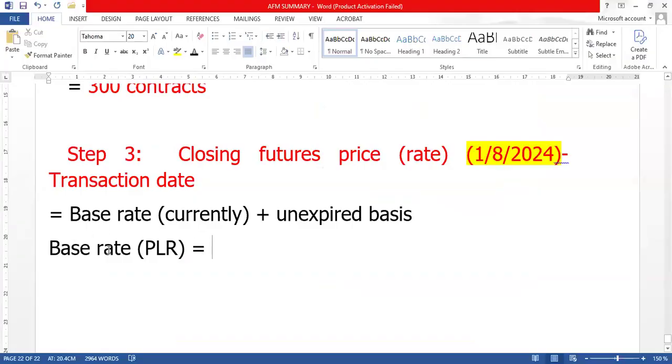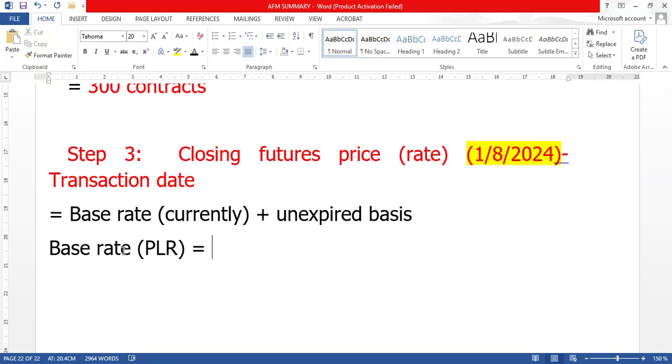Sometimes this base rate may be the prime lending rate. They can use the central bank rate. So whatever you meet in an exam, the CBR, central bank rate, whatever is stated in the exam.